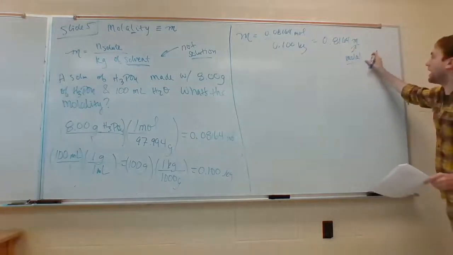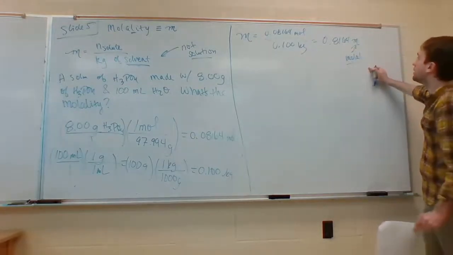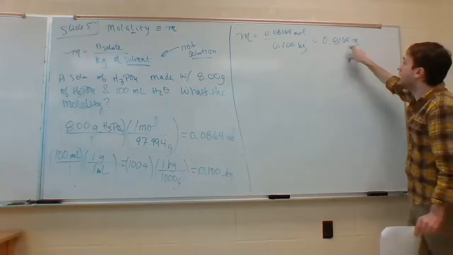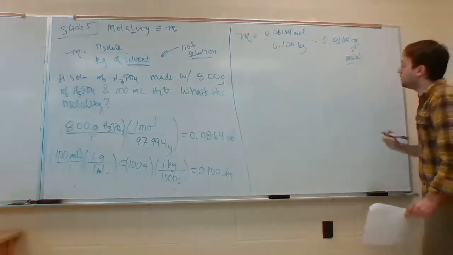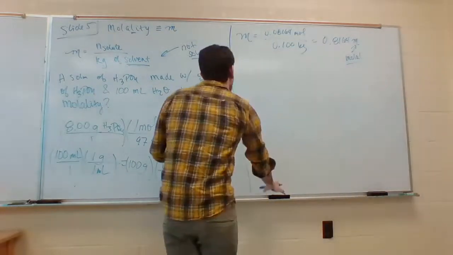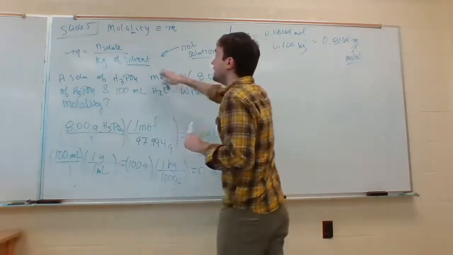Remember, when we had the big M for molarity, this was an R. Now with the little m for molality, this is molal. So that is how we get molality.